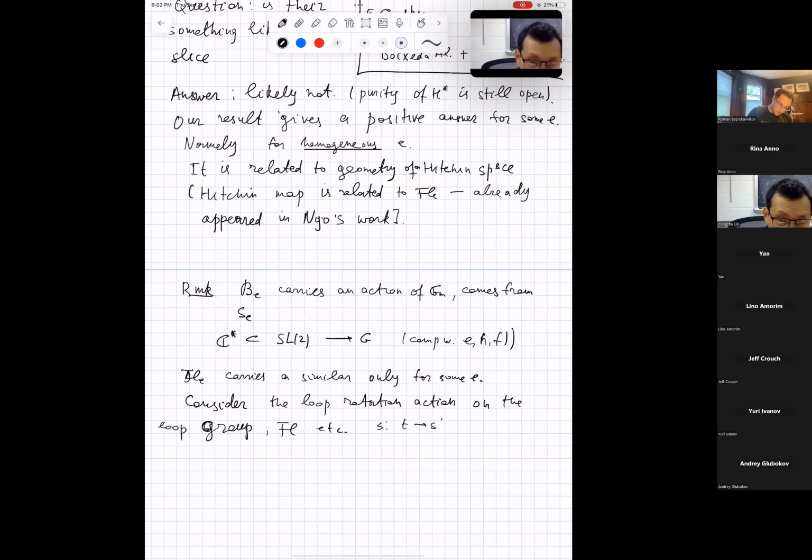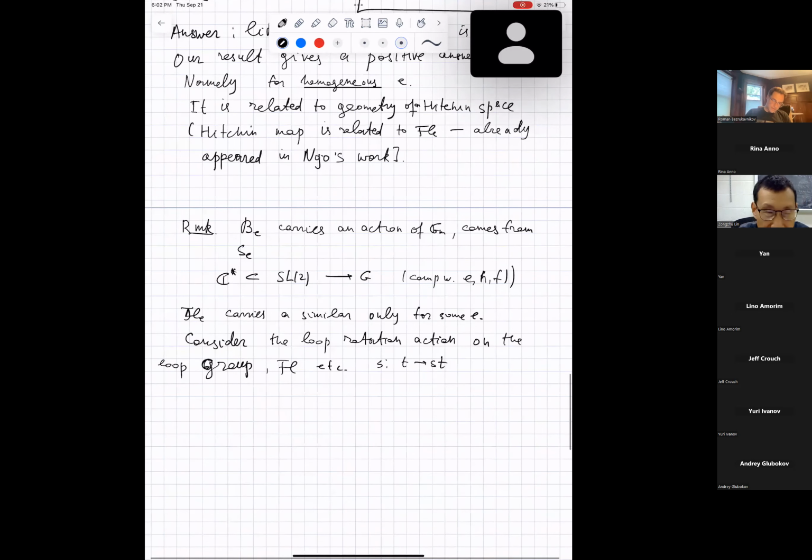Okay, what's the loop rotation in this case? Thanks.